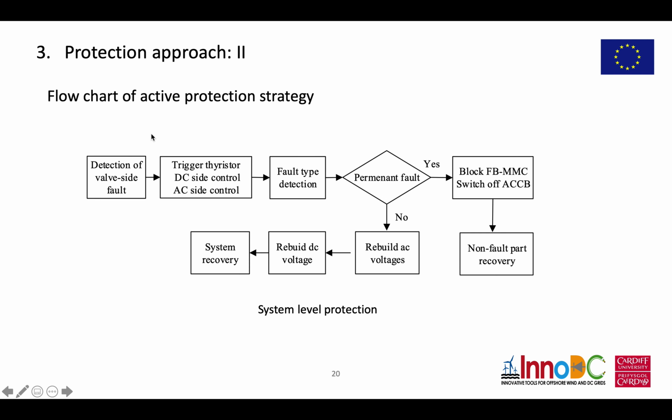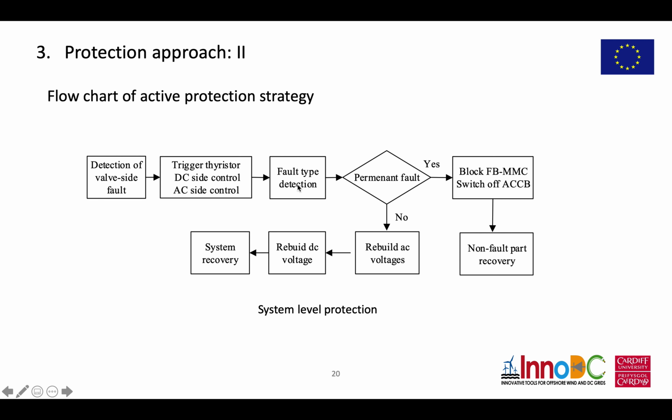This is a flow chart of the proposed active protection strategy. First, we detect if the fault happens, and if the fault happens, we will trigger the Thyristor branch, but we keep the full bridge MMC converter to be active. We use the DC side control and AC side control methods to keep the MMC converter to be active.